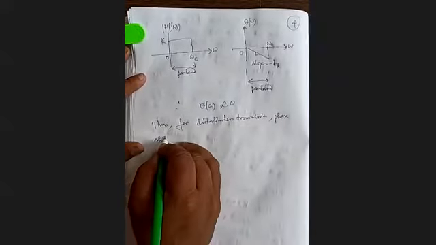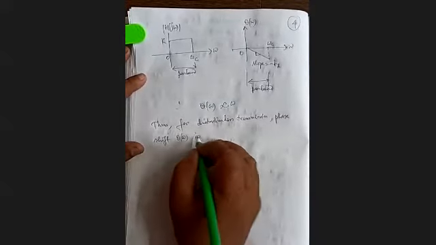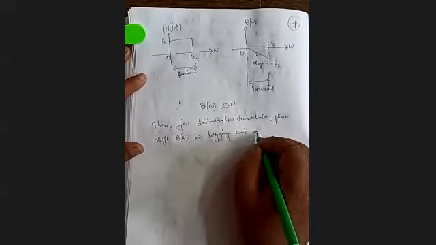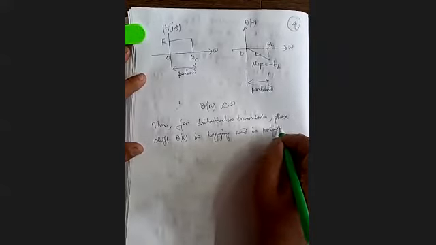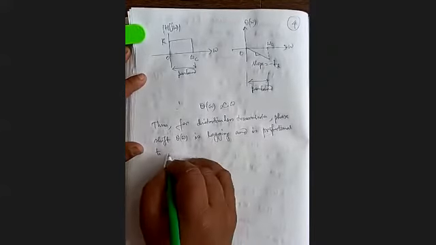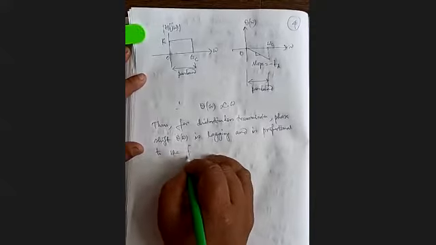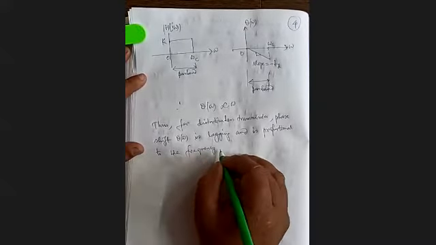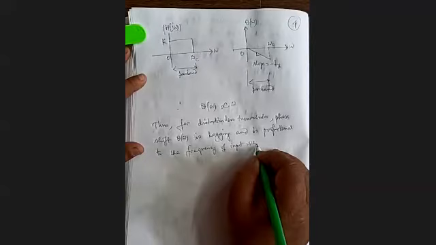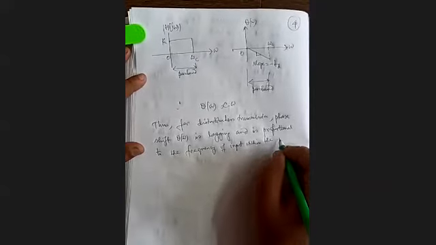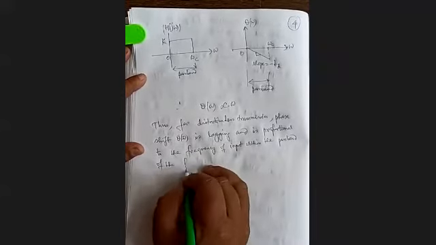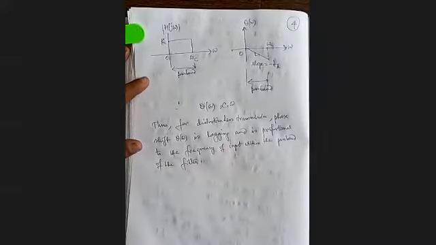So for distortionless transmission, the phase shift θ(ω) is lagging and is proportional to the frequency of input within the passband of the filter.